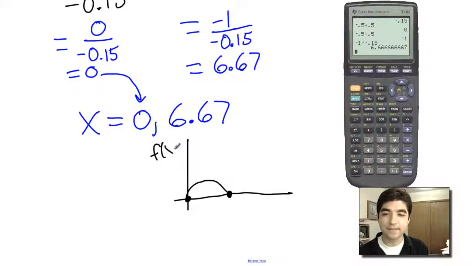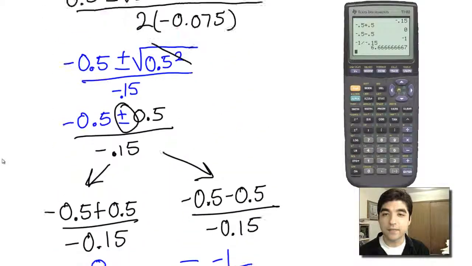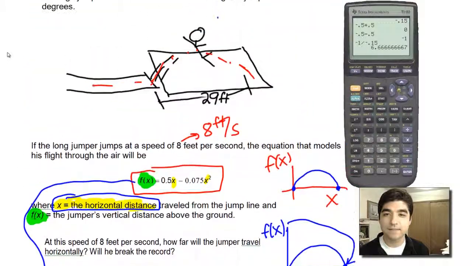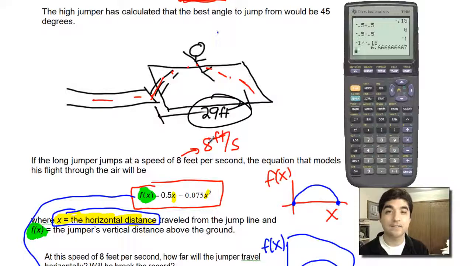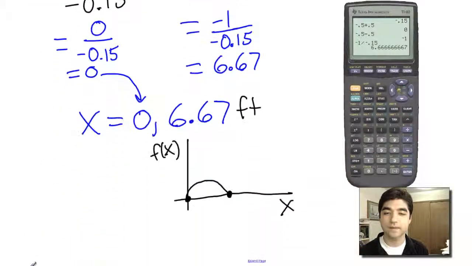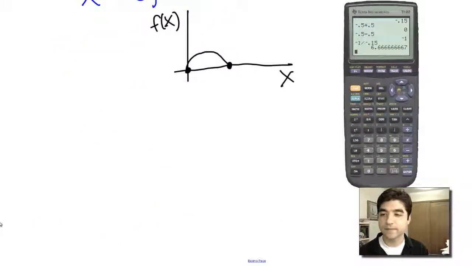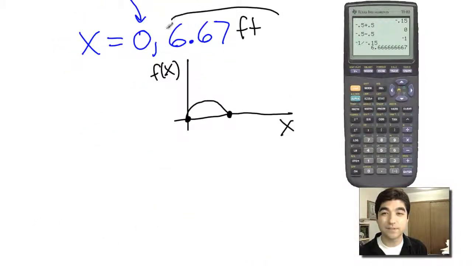So this is f of x and this is x. So we're trying to figure out, the original question was, will the person break the world record? And the world record is 29 feet. So obviously the jumper did not break the world record. So we'll write because we only travel 6.67 feet.